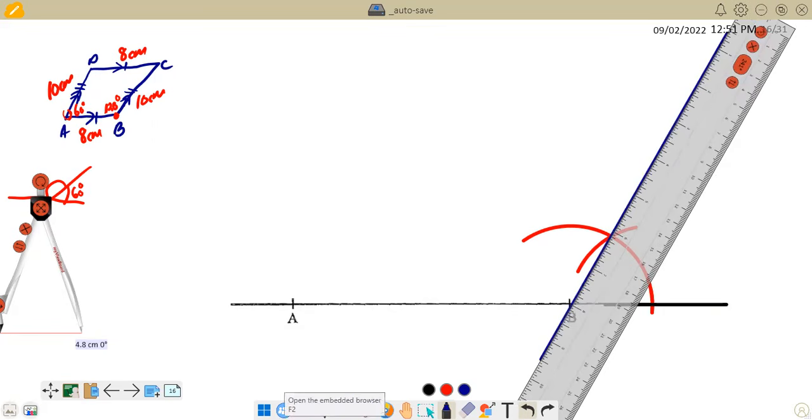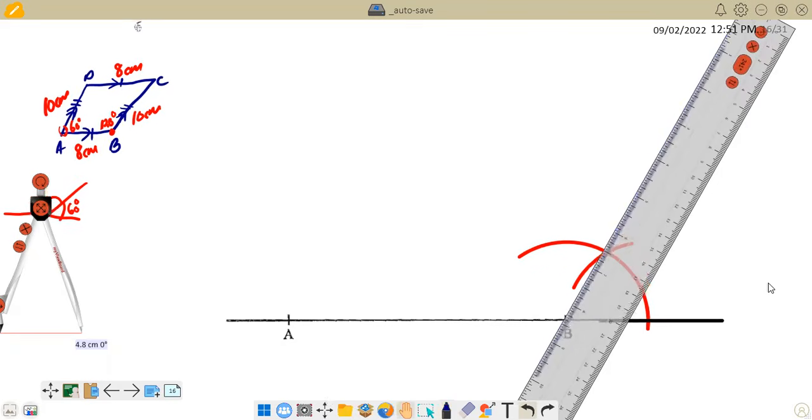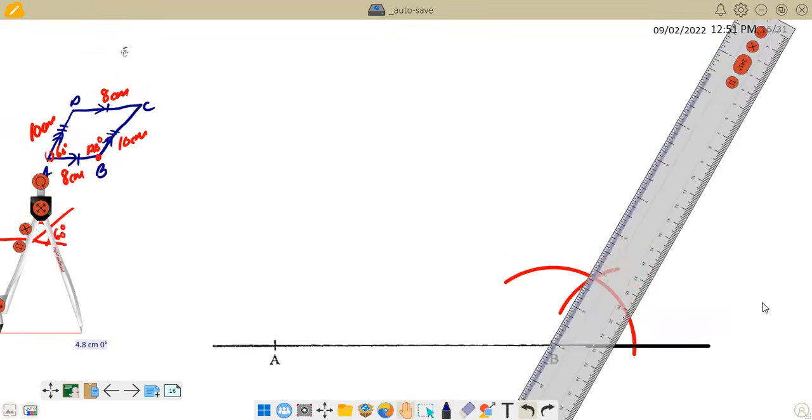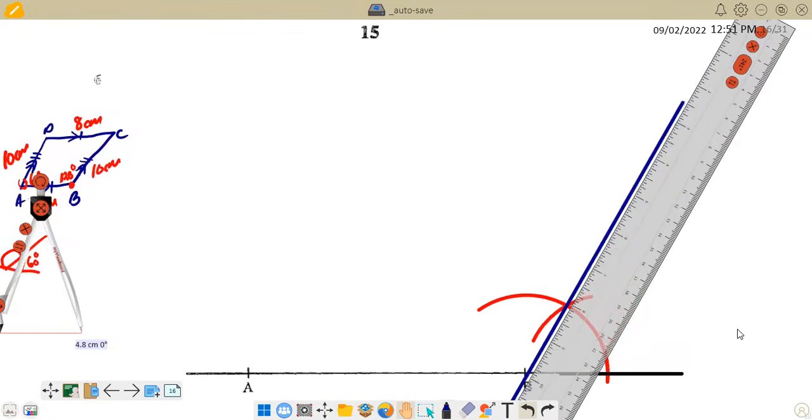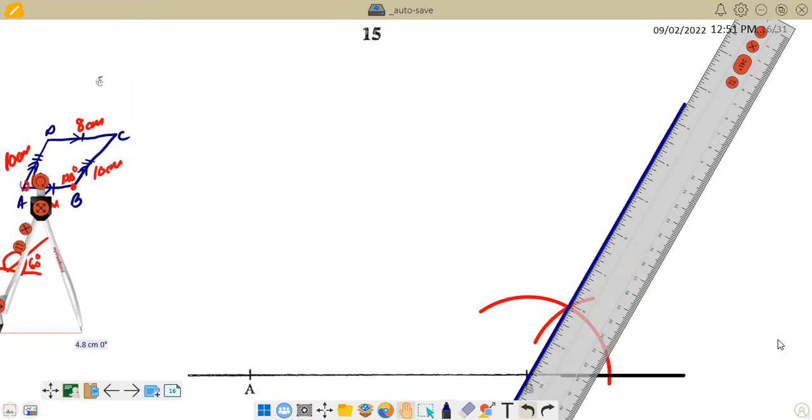Let's try to take our diagram a little bit down, so that we can join again here. At this point, we can continue with this line a little bit here. All right, something of that nature.